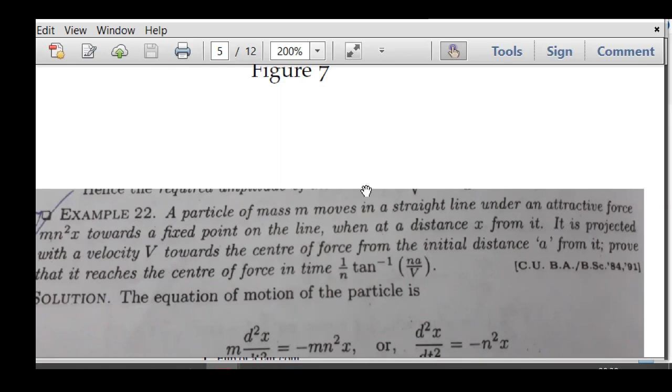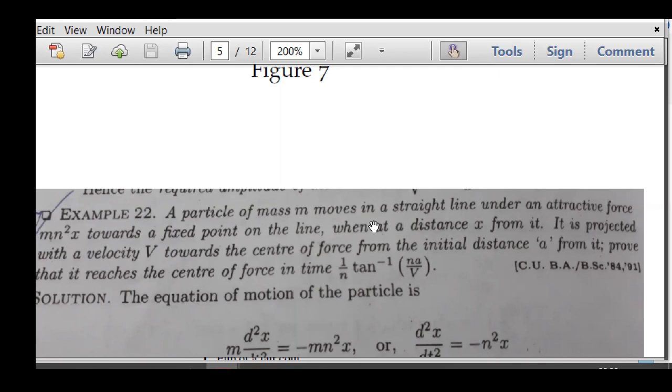That means what will be the fixed point, what will be the fixed lines, what will be the initial velocity, what will be the initial starting point. All this we will get from the problem itself. So whenever any problem is given, we will sort out the information one by one, then draw the figure, then do the reference frame, and then go to the equation of motion. Okay. So first let us read this question.